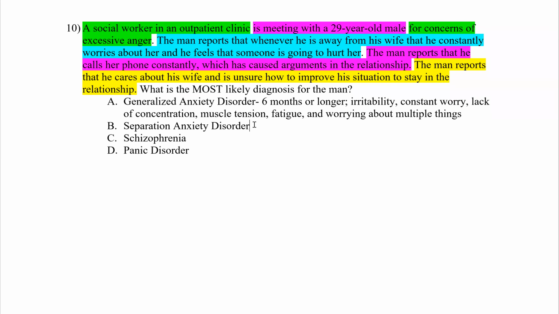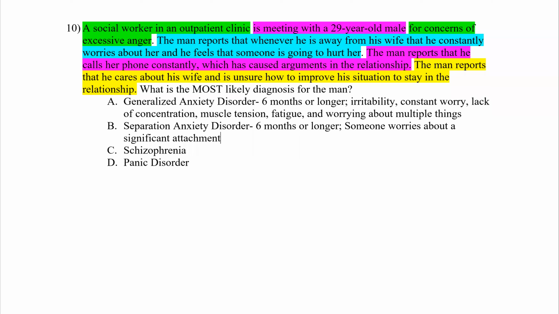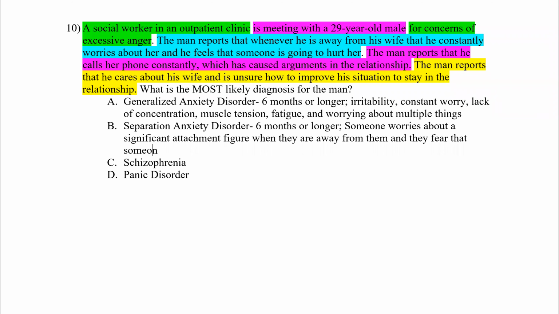Separation anxiety, key emphasis on separation, because this is when they are separated. So the length of time is going to be 6 months or longer. And this is when someone worries about a significant attachment figure when they are away from them and they fear that someone will hurt them in some way.